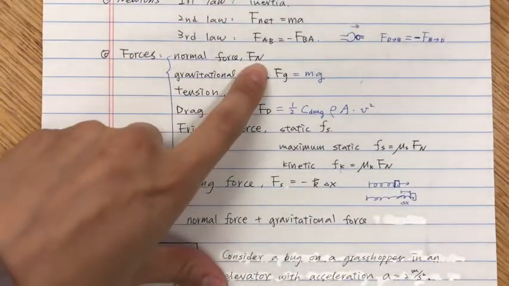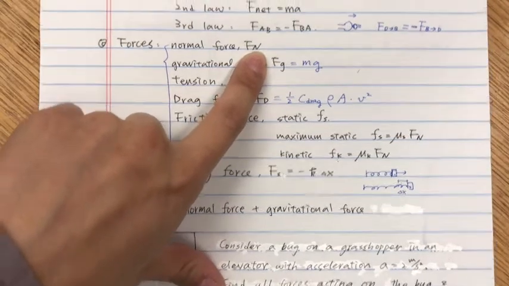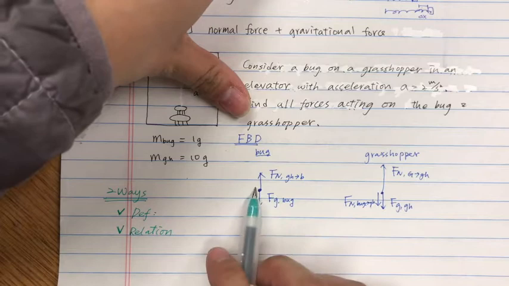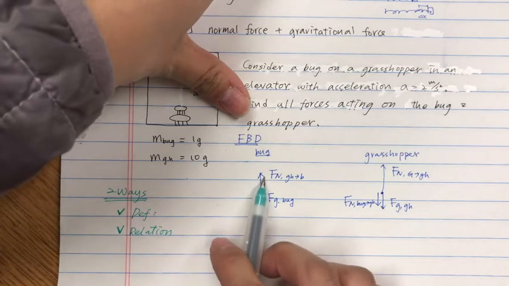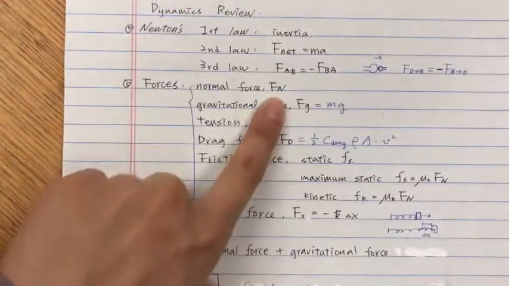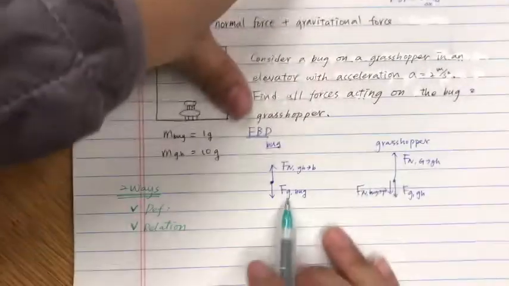What is normal force? The definition of normal force is the force normal to, perpendicular to, the surface, which is not really helpful for me here. It helps me draw the direction, but not the value. How about gravitational force? Fg equals mg.